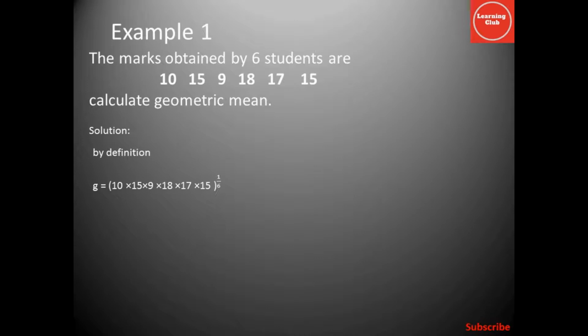Remember one thing: if any value of the variable is negative, we cannot calculate geometric mean. This is the drawback of geometric mean. So when we multiply 10, 15, 9, 18, 17, 15 simultaneously we get 6195600. After taking the 6th root, the answer is 13.55.